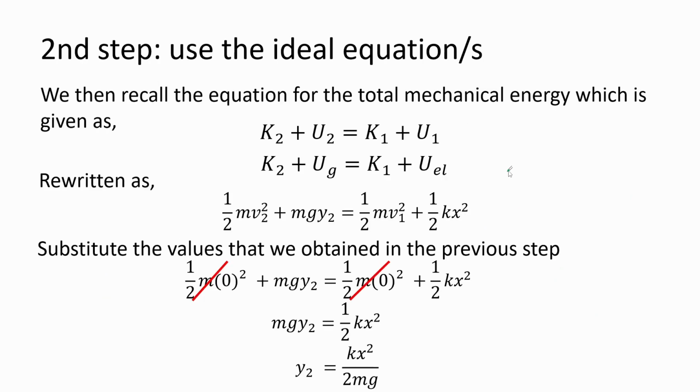We then recall the expression. So first is K2 plus U2 is equal to K1 plus U1. K1 and K2 are essentially non-existent kay nagsugod siya, i-compress pa siya, the velocities are zero. Pero naa ang U1, which is the elastic potential energy kay spring man ang gigamit to push the object.